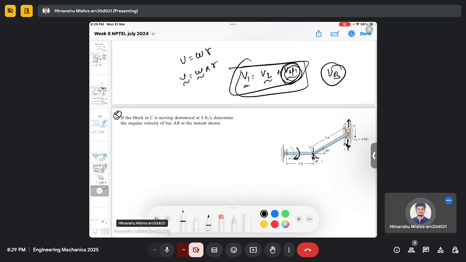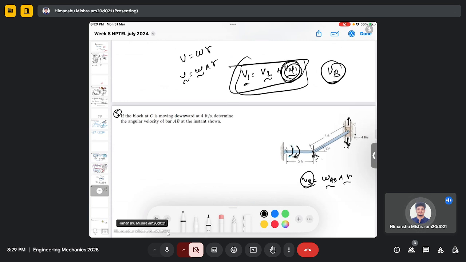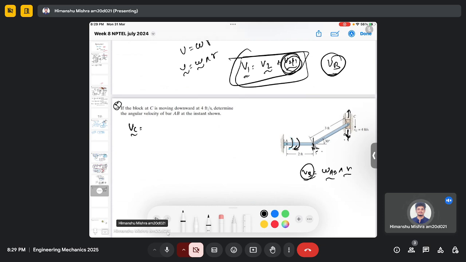So once you get VB, you can find omega AB from the known velocity VB. Again we are using the same expression, VC equals VB plus the relative velocity between C and B.